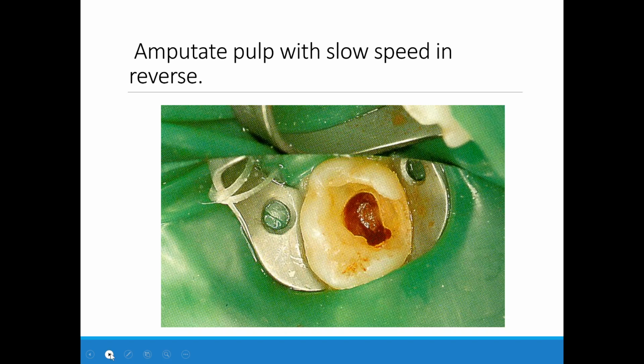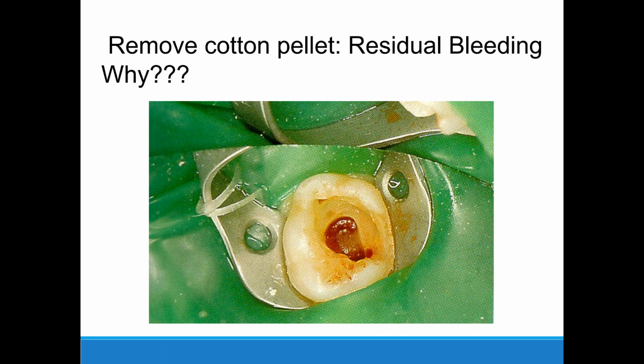But in this case, we see residual bleeding. Why? Because I told you before, if we see bleeding, it means that the pulp in the root is involved in the process of inflammation, and we can't use the method of pulpotomy.